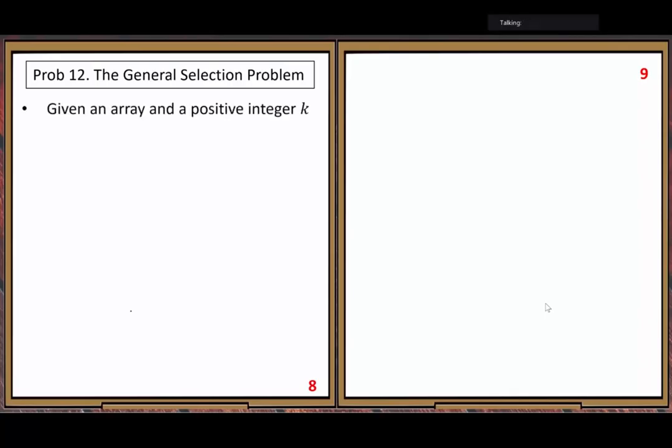Given an array and a positive integer k, we want to find the kth smallest element in this array. This is the general selection problem.